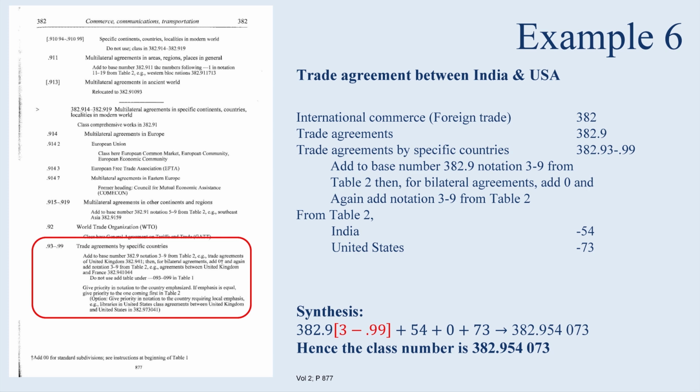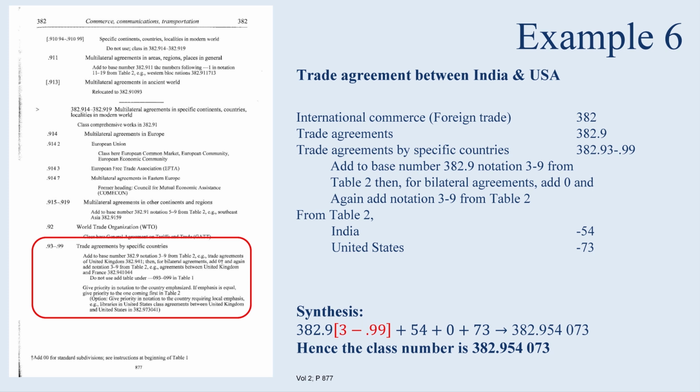But if we cannot estimate between the two countries, then we have to put the notation of the country which appears first in the DDC. Accordingly, first we put the number for India, that is 54, then add 0, then the number for United States, that is 73, with the base number 382.9.